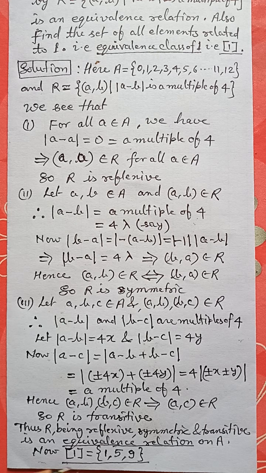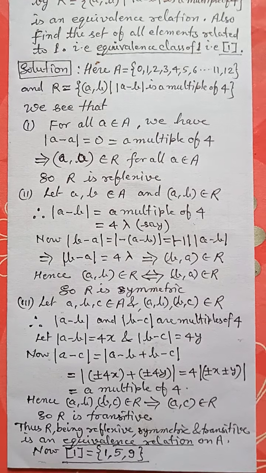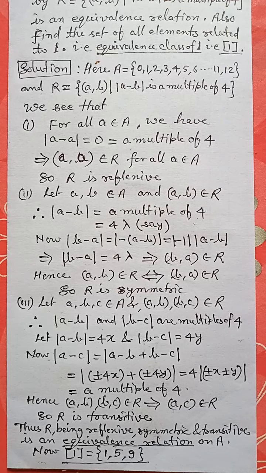Therefore, it is related. 1 minus 9 is equal to minus 8, and this is a multiple of 4, and therefore we have written 9, and there is no other element which is in relation with 1. Therefore, equivalence class of 1 is the set of elements {1, 5, 9}.